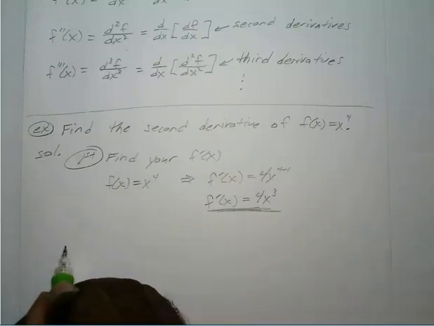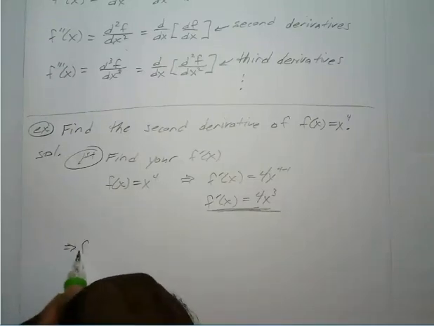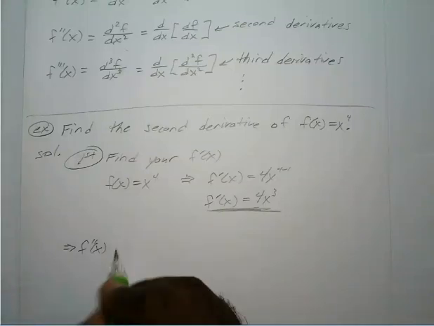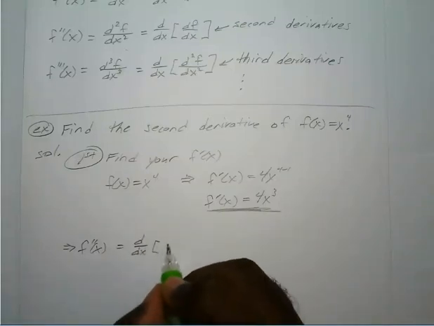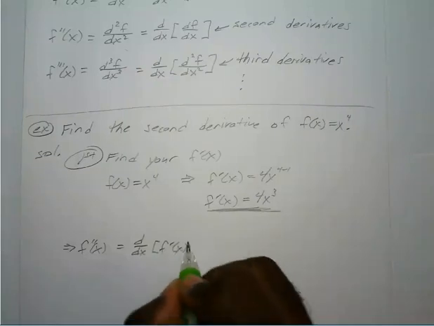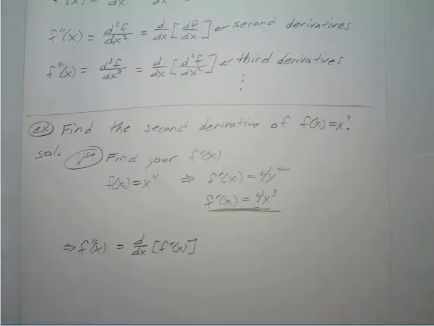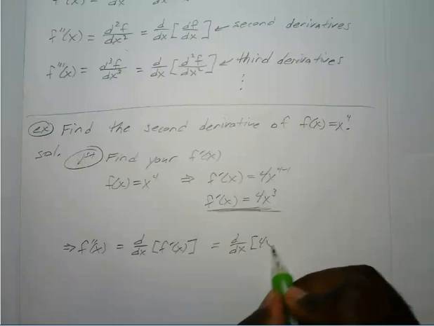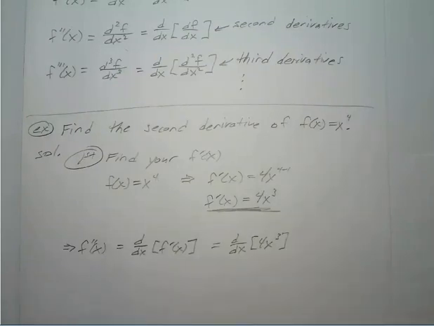So to find your second derivative, I'll put that down here. All that is the derivative of your first derivative. So that's just the derivative of 4x to the 3rd power.